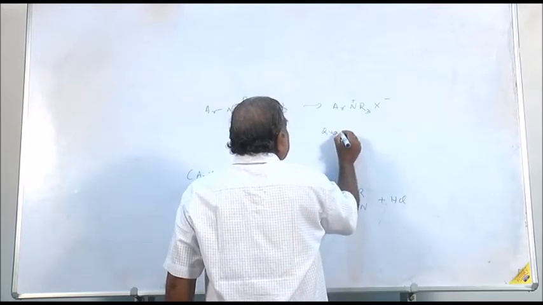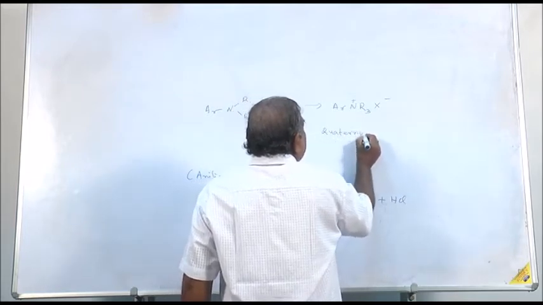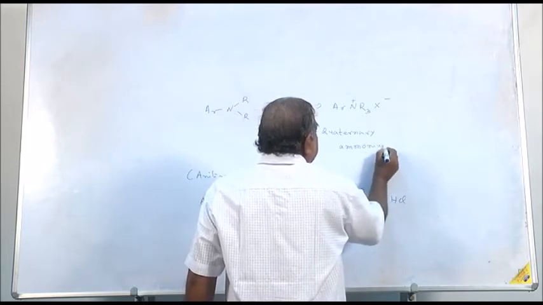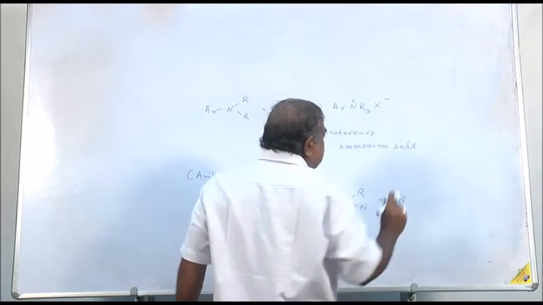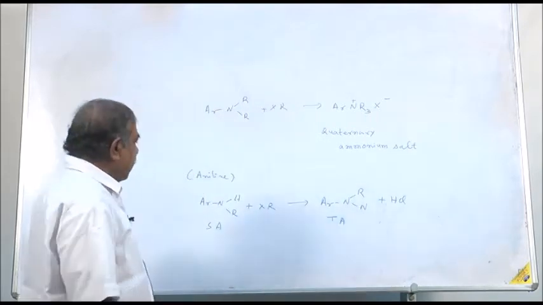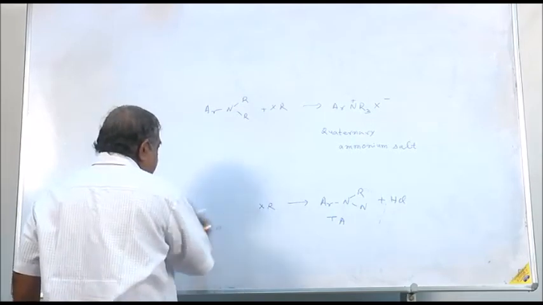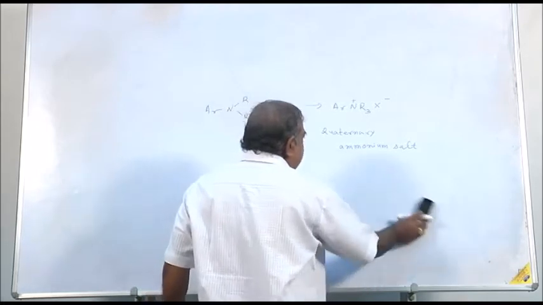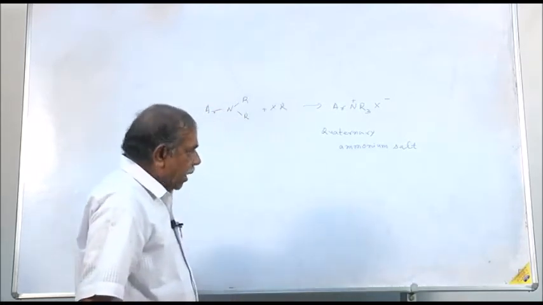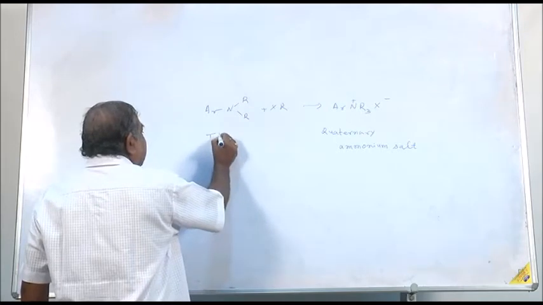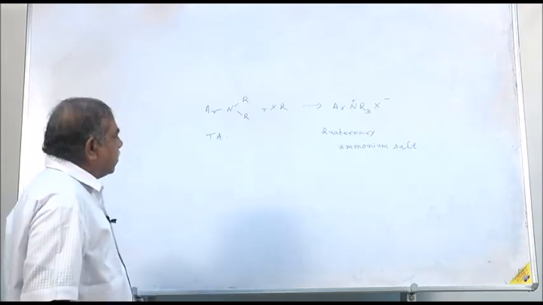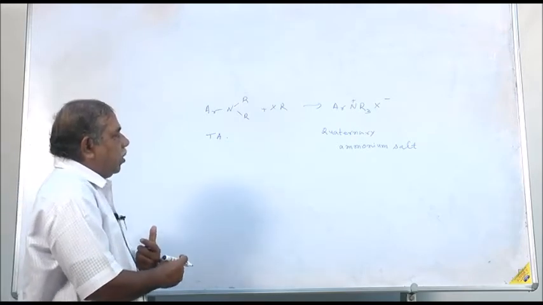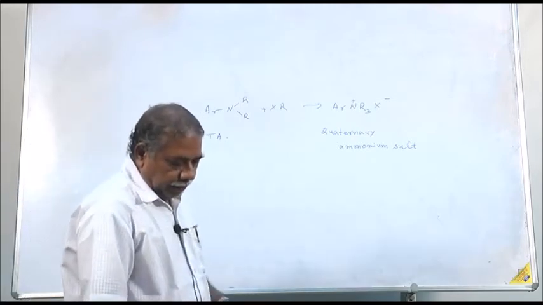This is your quaternary ammonium salt. So this reaction is almost the same as the reaction of primary amine, as already we have discussed. Aniline is a primary amine, reacts with alkyl halide, forms secondary amine, which reacts with alkyl halide, forms tertiary amine. Ultimately the tertiary amine reacts with alkyl halide, will form quaternary ammonium salt.